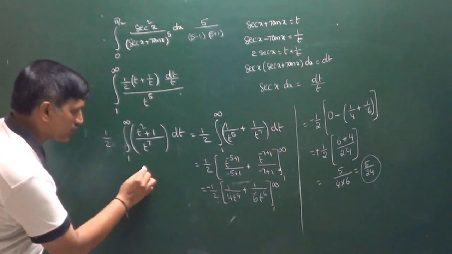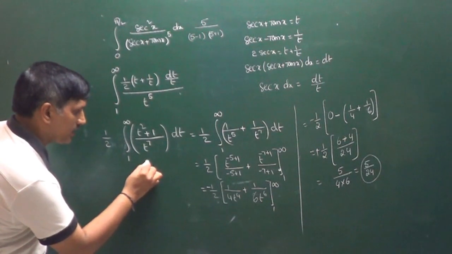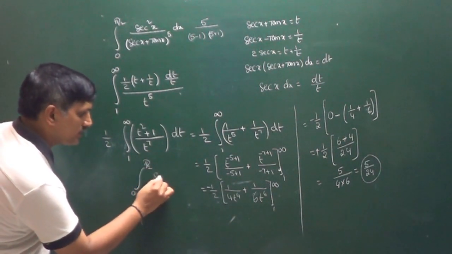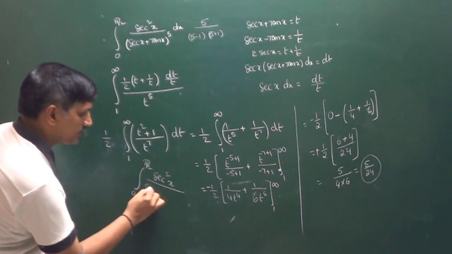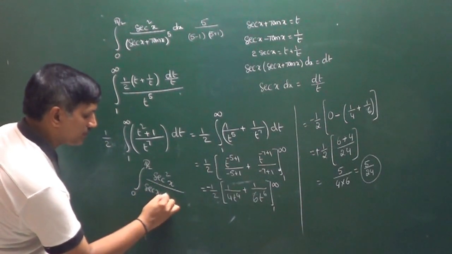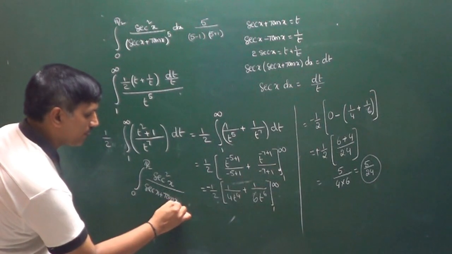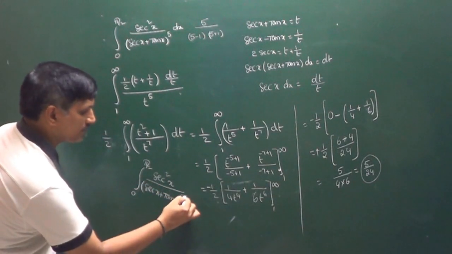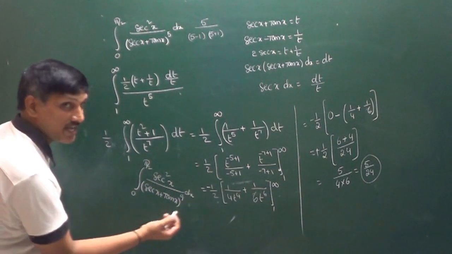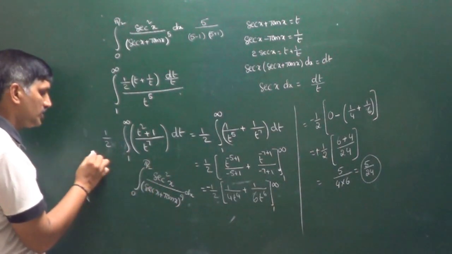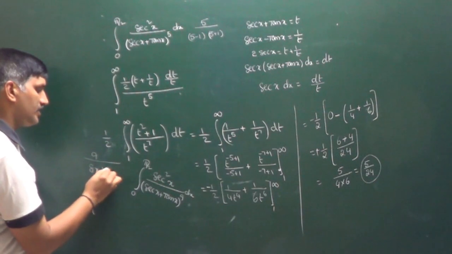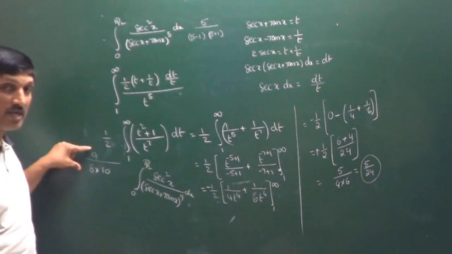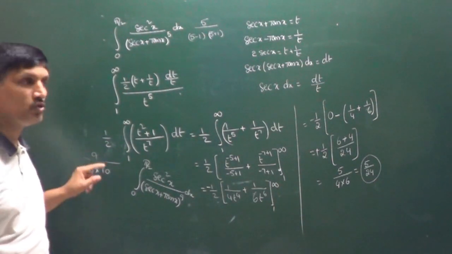Now tell me, if the question is in this form, integral 0 to pi by 2 of secant square x divided by (secant x plus tan x) whole to the power of 9, tell me what the answer is. Come on, the answer is 9 divided by 8 into 10. n divided by (n minus 1) into (n plus 1).